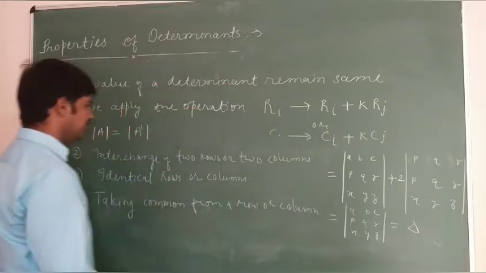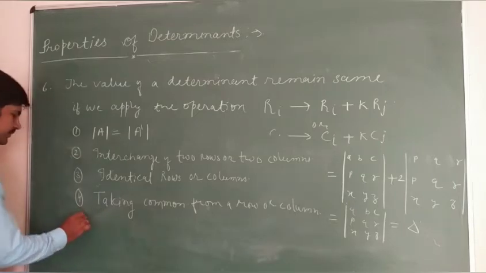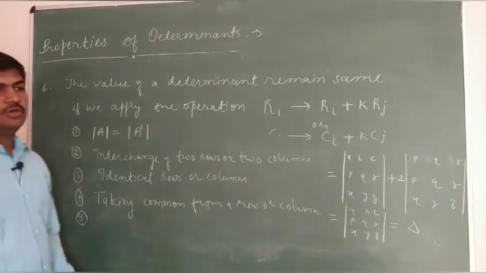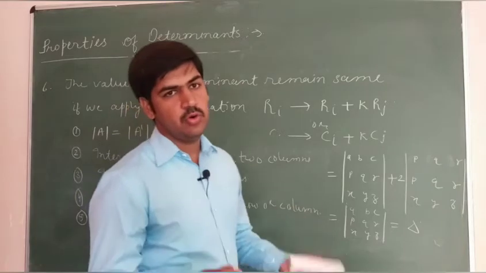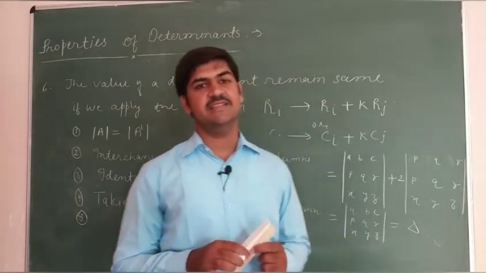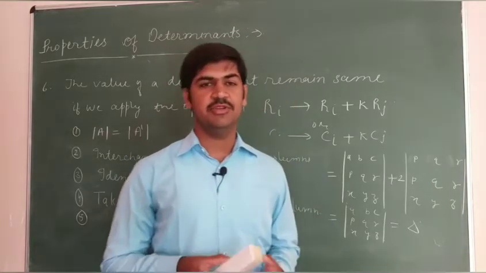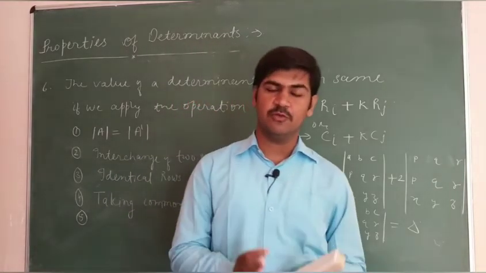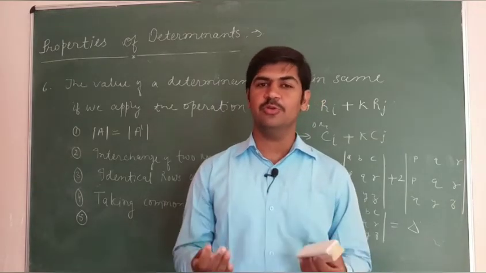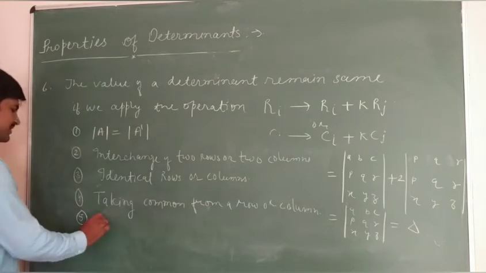This is the fourth property. Dear students, the fifth property of determinants is if all the elements of any row or any column are expressed as sum of two or more than two terms, then the determinant can be expressed as sum of two or more than two determinants. Okay, so this is our fifth property.